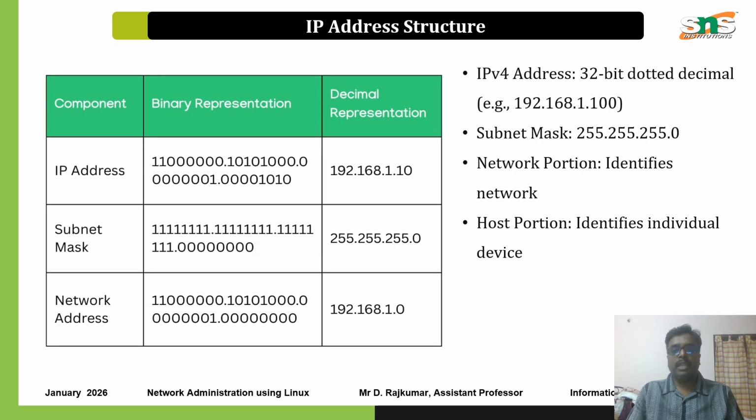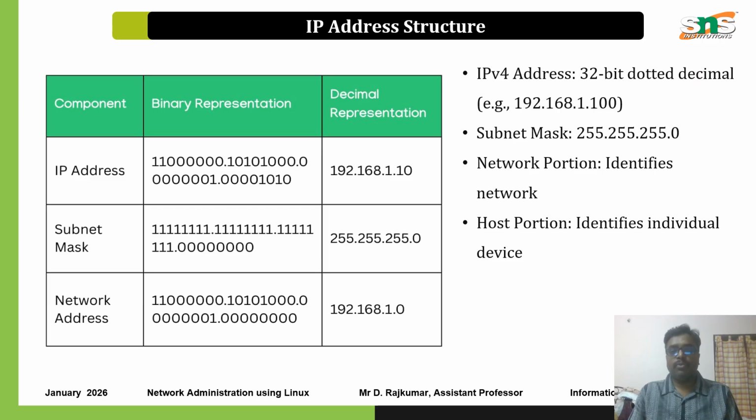So what is the IP structure? Here we are going to discuss IPv4. There is one more type called IPv6, which uses hexadecimal format and is used to connect more devices. But here we discuss IPv4, which is a 32-bit decimal number, with three digits separated by dots, and the subnet mask maximum is always 255.